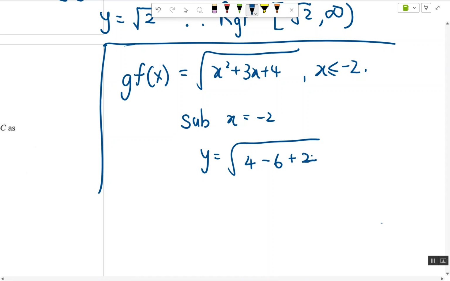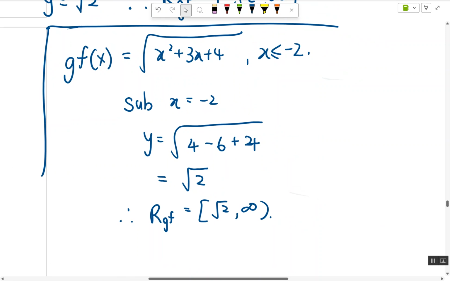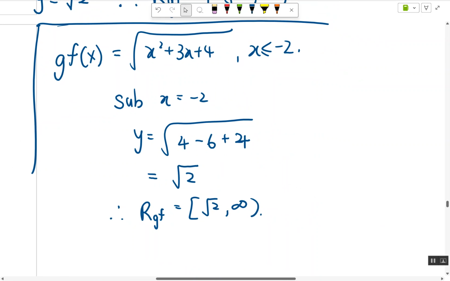You will also get square root 2. Therefore, the range of gf is from square root 2 to infinity, and that's it. Wait, x less than or equal to negative 2 for what? Because the domain of gf is equal to the domain of f.